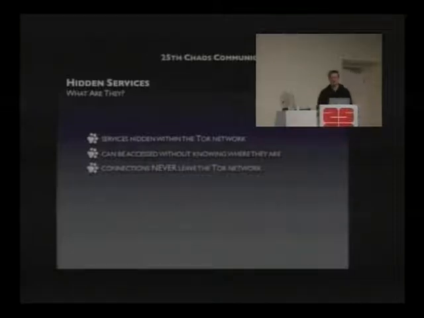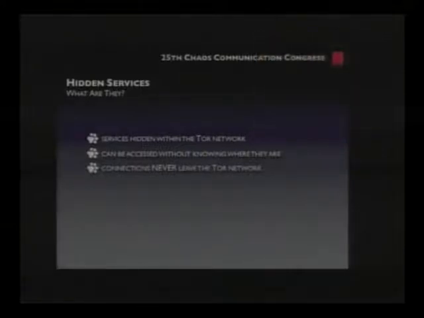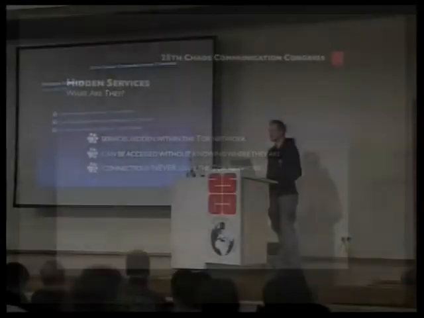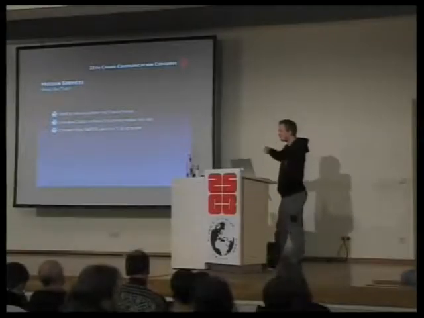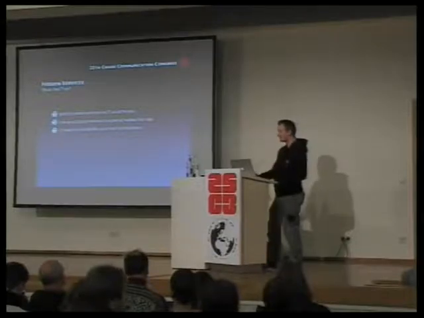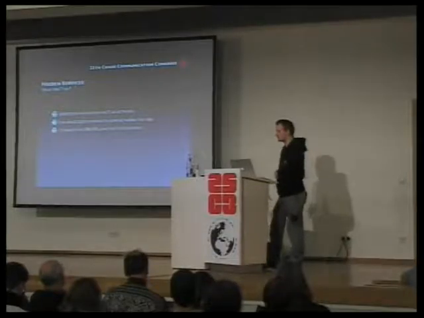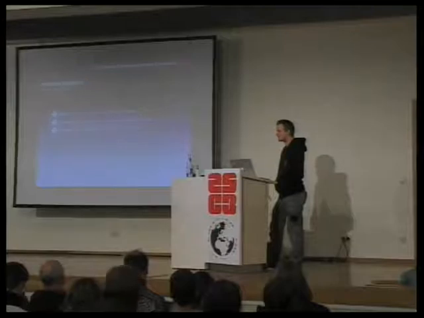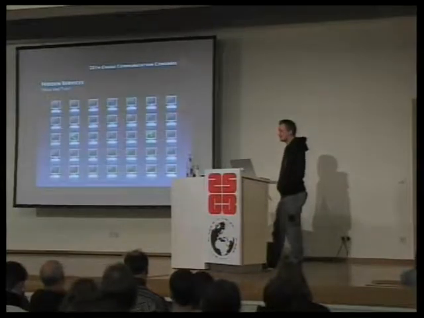So when client and server want to communicate, they don't have to know either the location of the server or of the client. The connections typically stay within Tor, and they do not need the typical Tor exit nodes, which is a very vital thing for the hidden services and the security within.